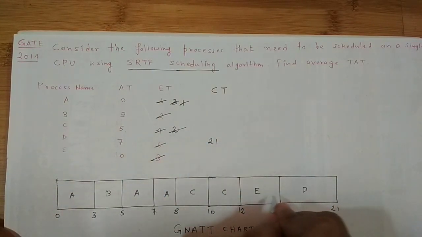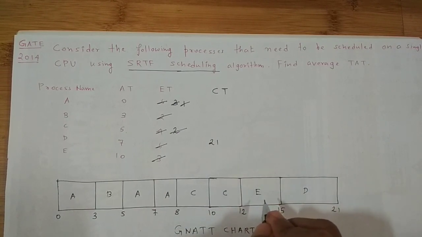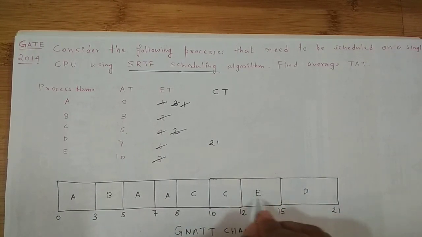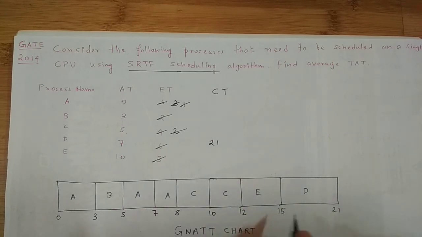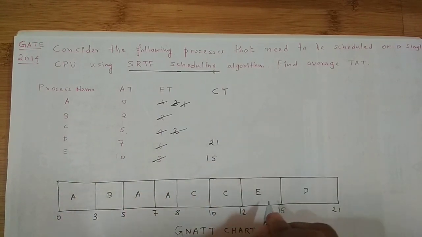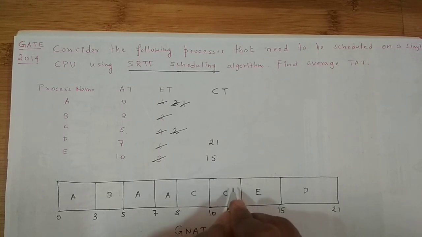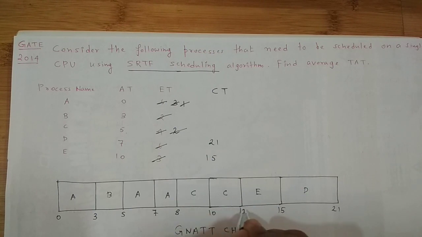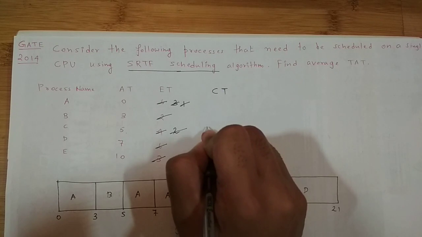Next, while scanning, I encounter process E for the first time, and I find that the time slot of process E gets over at 15th unit of time. So its completion time is 15. Moving on, I find a time slot for process C, and this is the first time I've encountered process C, and I find this time slot to get over at 12. So its completion time is 12.